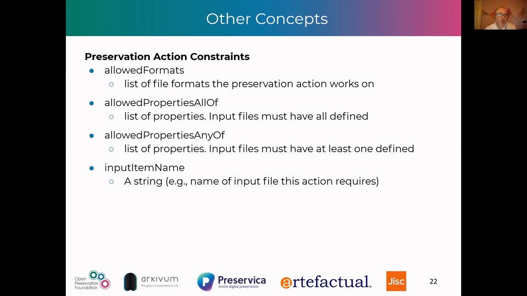So this action works on the following list, or does this preservation action only work when you have a set of properties of which you must have all of them, or does it work as long as you have at least one of a set of properties? And you can also constrain a preservation action by an input item name, which is really just defined as a string. It could be anything. It's up to the writer to decide what they want that to mean. Typically, it might mean this works on a particular input file.